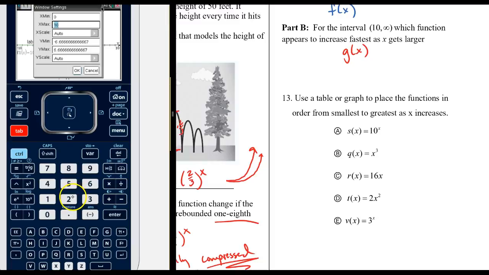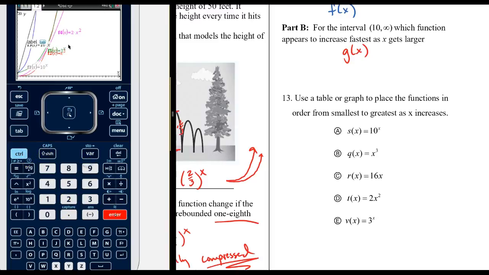I'm going to go to 7 because it looked like it was pretty small. For y min, they all look positive, so I'm going to go like -1 just so I can see it. And I'm going to make this like 20. See how that looks. All right, so not great, but it should be good enough for us to see kind of what's going on.